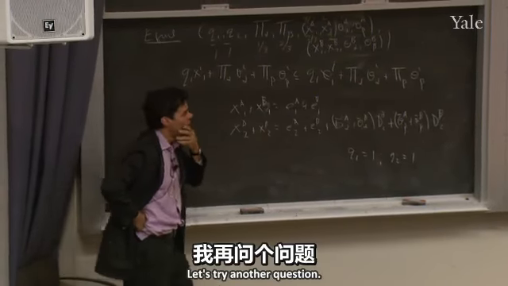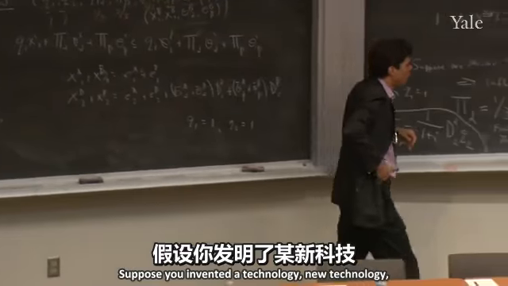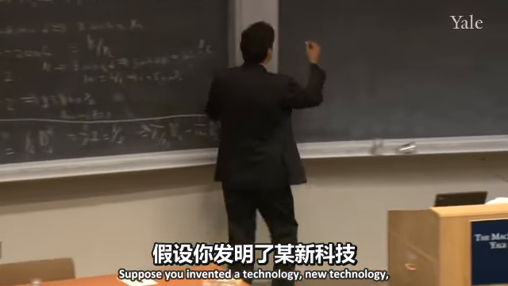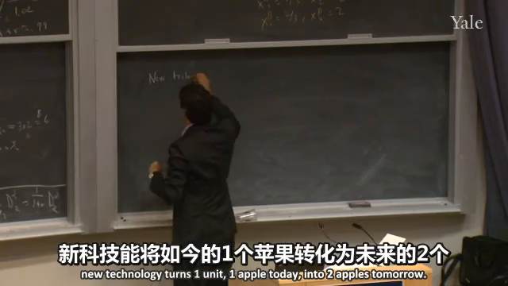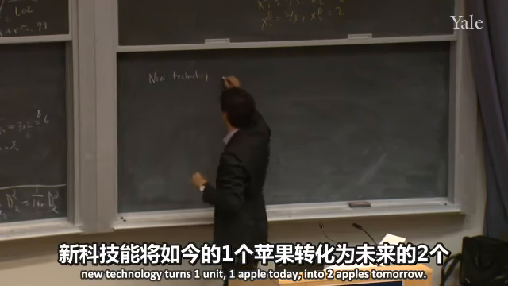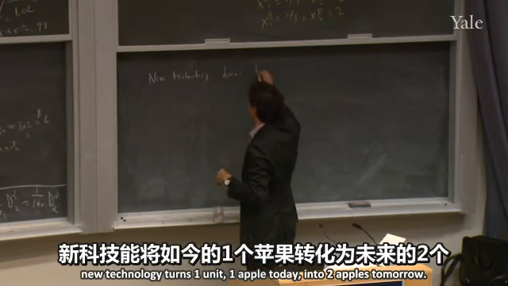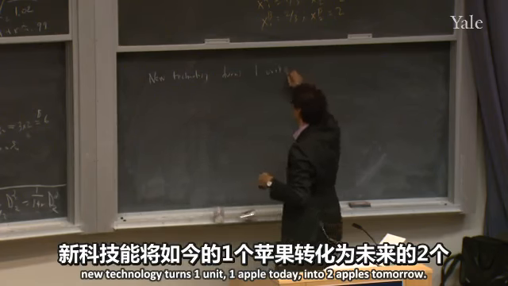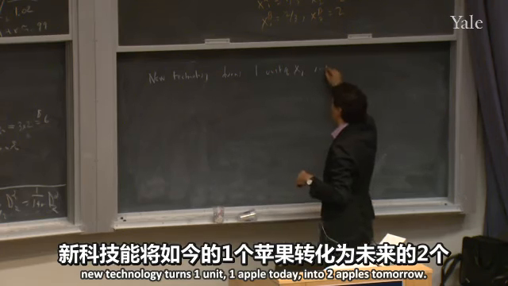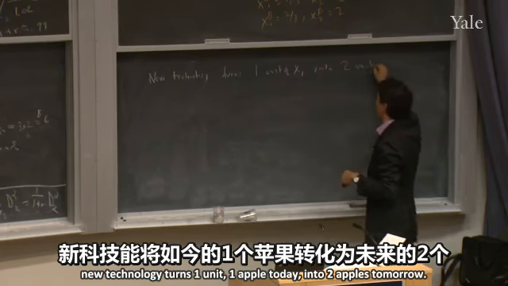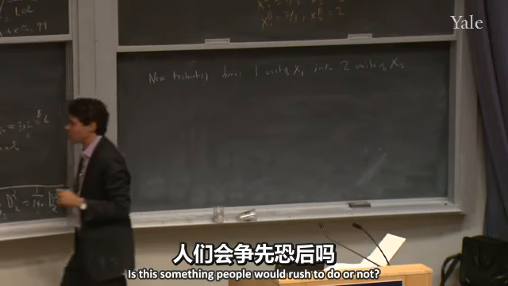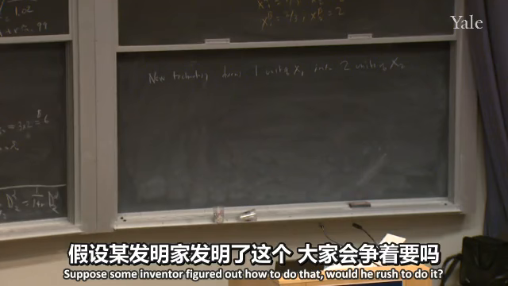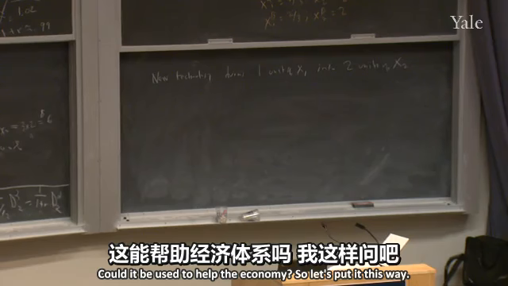Okay, let's try another question. Suppose you invented a new technology that turns one apple today into 2 apples tomorrow. Is this something people would rush to do or not? Suppose an inventor figured out how to do that. Would he rush to do it? Could it be used to help the economy?